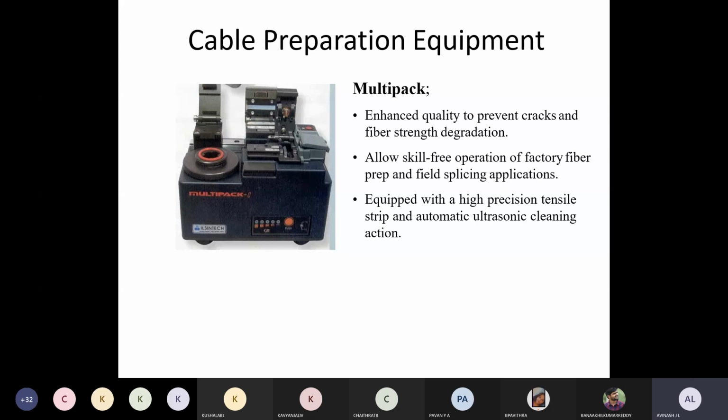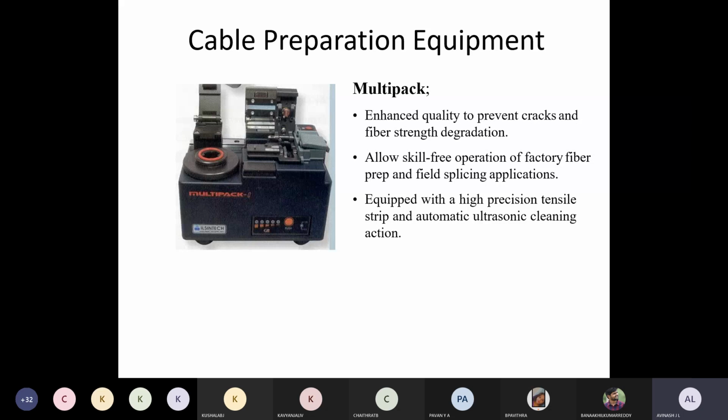Here the cable protection equipment is called multi-pack, which is the brand and device name. So multi-pack means enhanced quality to prevent cracks and fiber strength degradation. It allows skill-free operation of factory fiber preparation and field splicing applications. These are equipped with high precision tensile strips and automatic ultrasonic cleaning action.